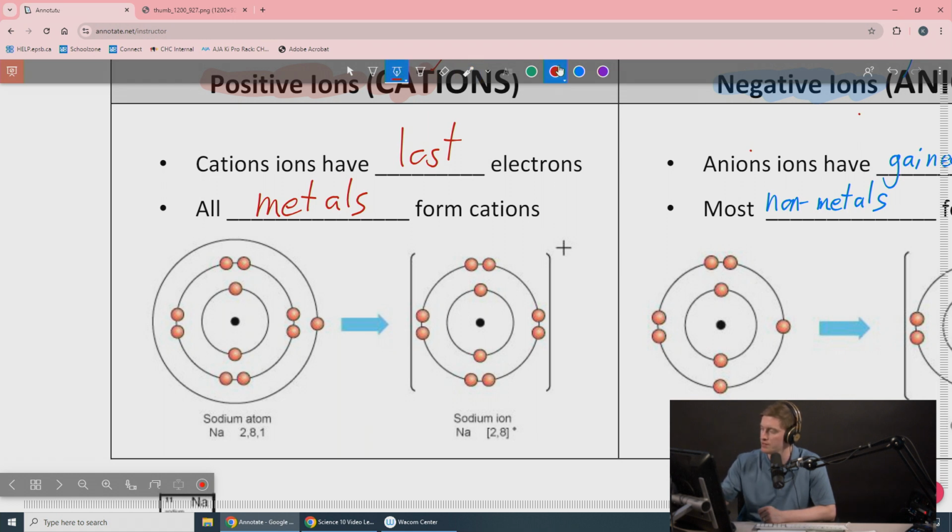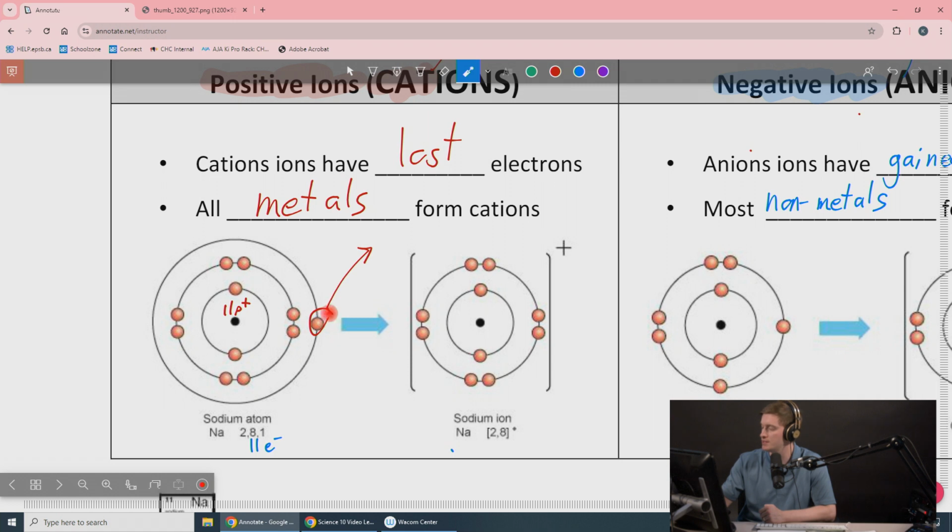So what sodium is going to do is take this electron and get rid of it. So you have lost an electron. Remember that a sodium atom has 11 protons in its nucleus. This atom has 11 protons and 11 electrons.